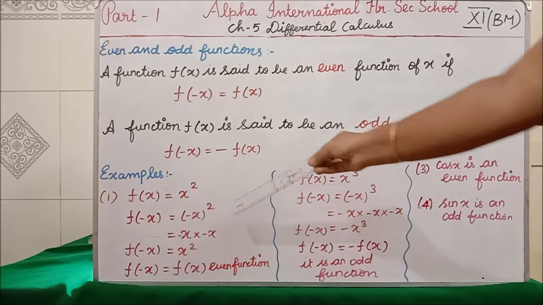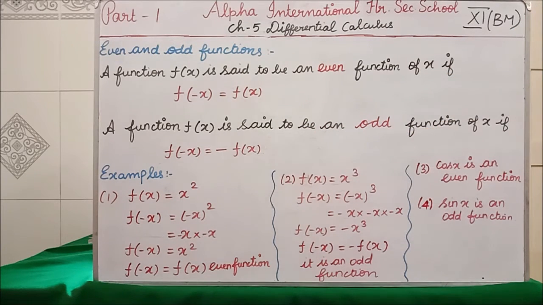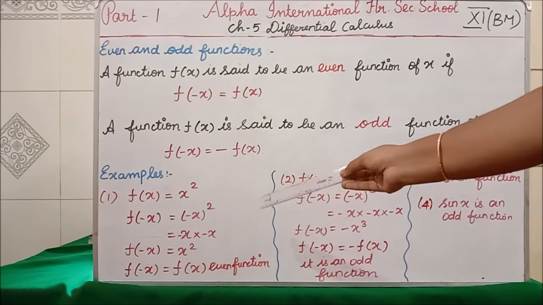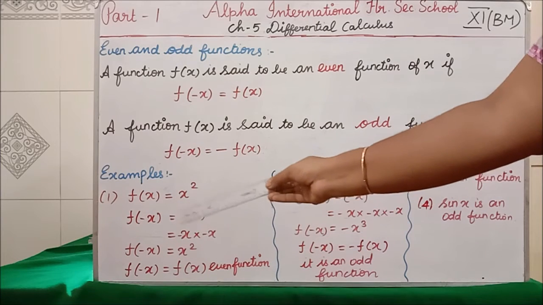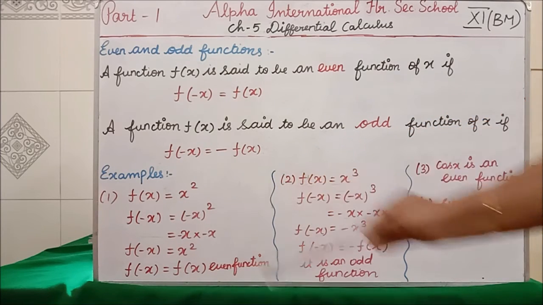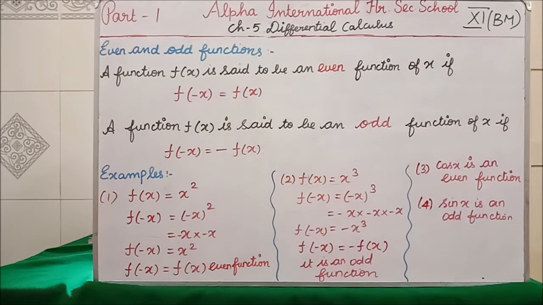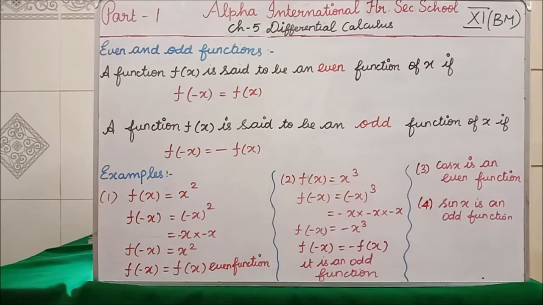Here I have the square, so minus x the whole square means minus x into minus x. Minus minus will become positive. X into x is x square. So now f of minus x equal to x square we got. What is that x square here? F of x. So f of minus x is equal to f of x we have got.